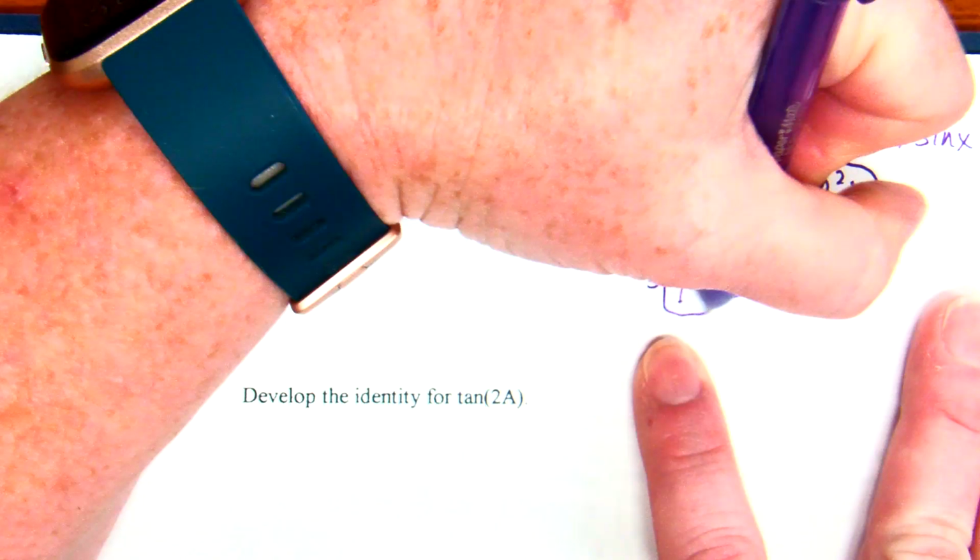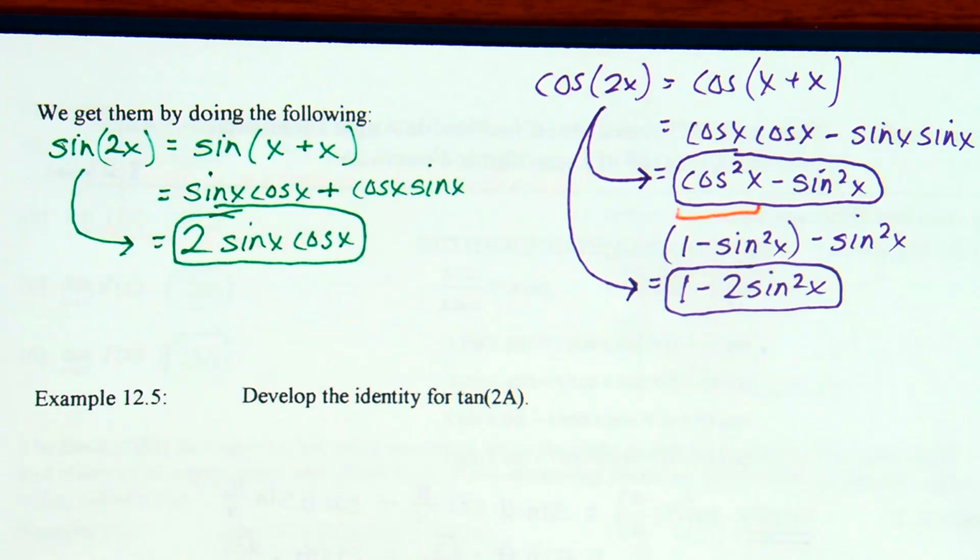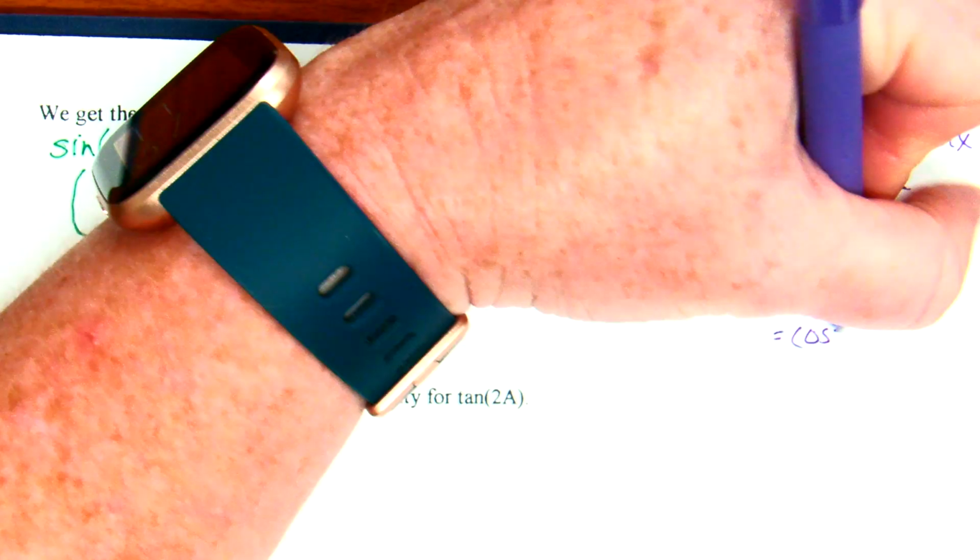Okay? Can you guess how to do the other one? Do the same thing, but with cosine. Or with sine. Yeah. So if you go back and use that cosine squared x minus sine squared x, this time we'll keep the cosine squared x minus, and we'll replace sine squared x with 1 minus cosine squared x.